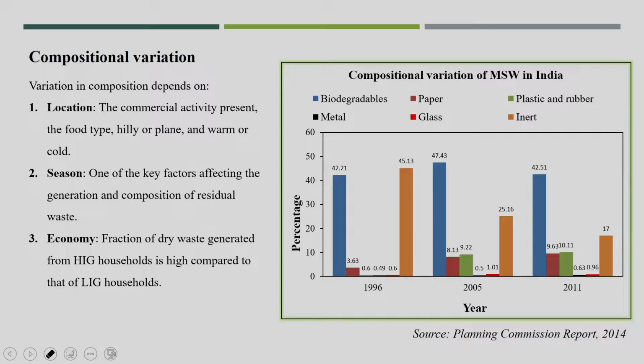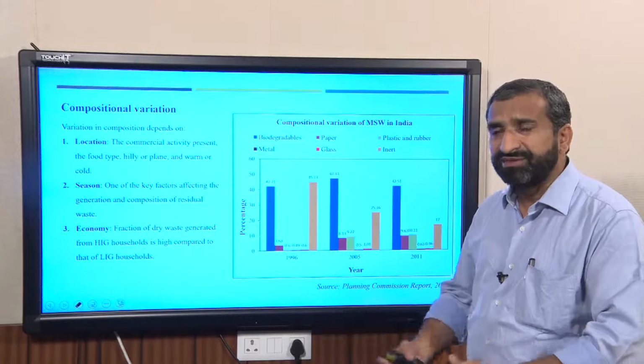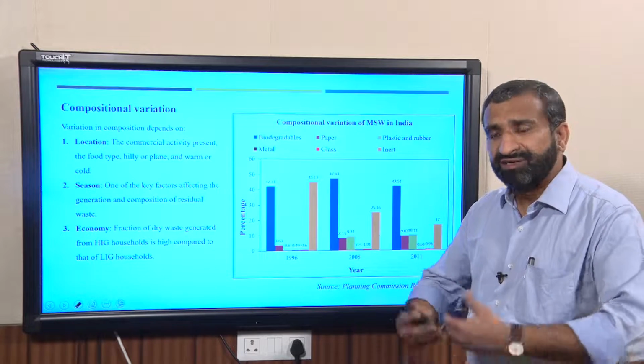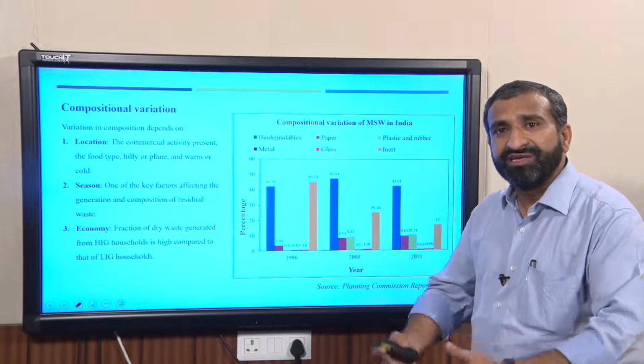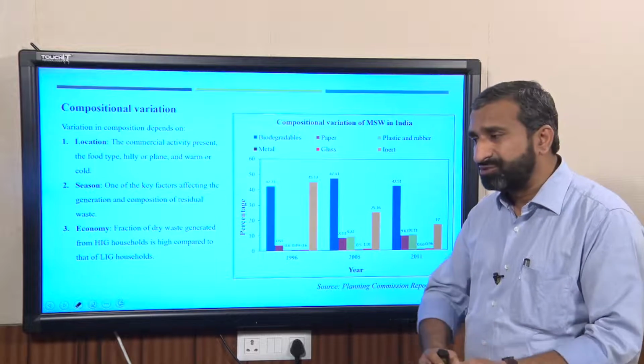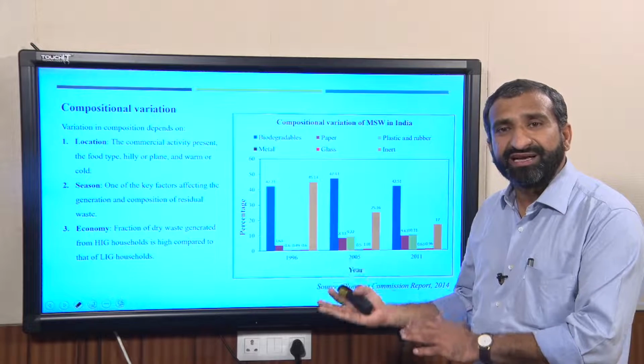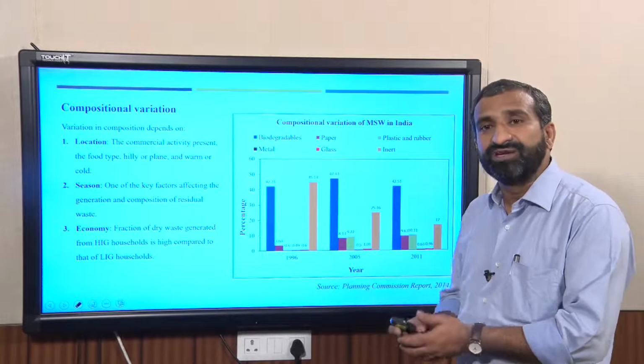So it is very important to know about the waste composition. When you are planning the sampling, it also needs to be repeated every 10 or 15 years to know how the physical compositions are changing with time, to design the recycling facility or any disposal facility.